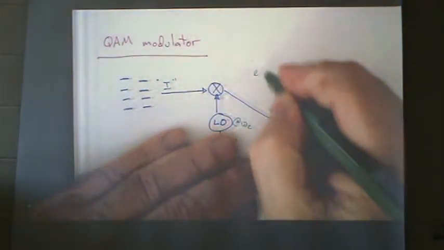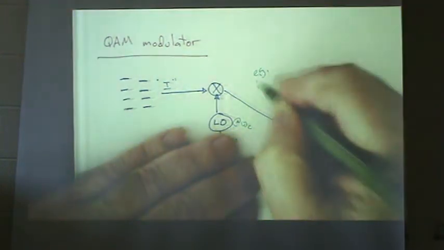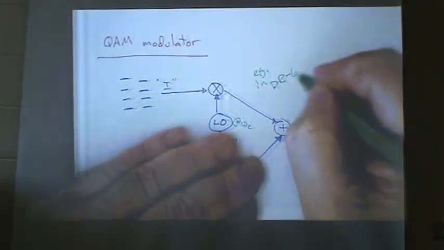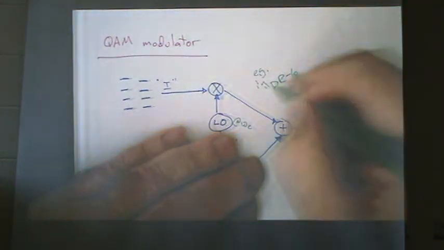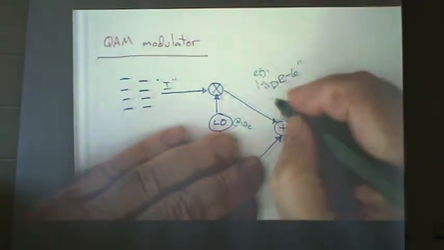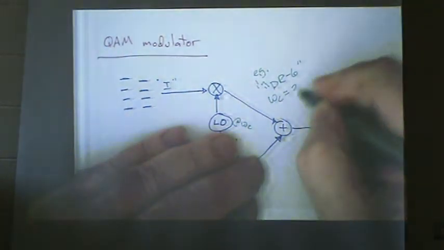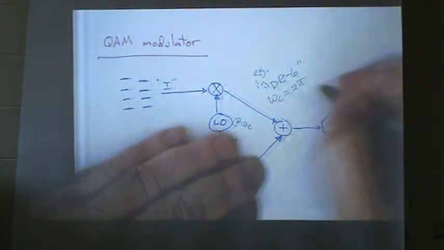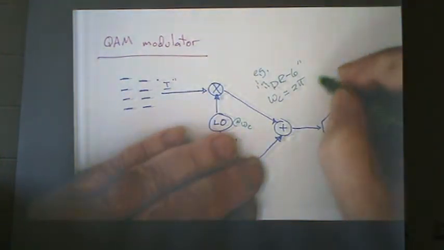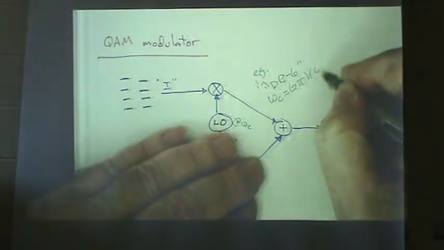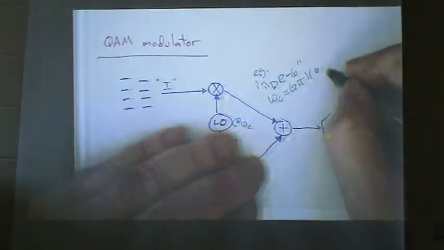For example, in digital radio DR6 in the Bell system, the 6 stands for 6 gigahertz. So omega is 2 pi times f, from 6 gigahertz.